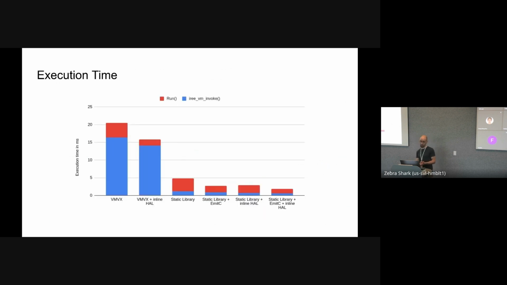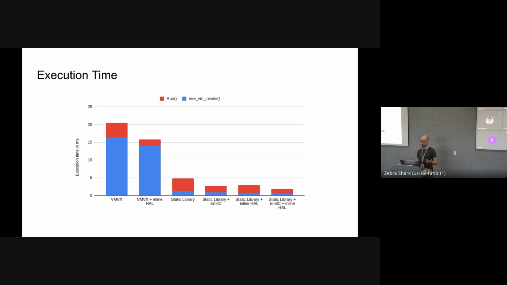And this finally gets you to the following results. So using VMVX, that's definitely not the fastest version. It provides you with a big executable and it's slow. So it's not desirable to use it on a bare metal device. But what you can see here is that using the inline HAL actually reduces your execution time.